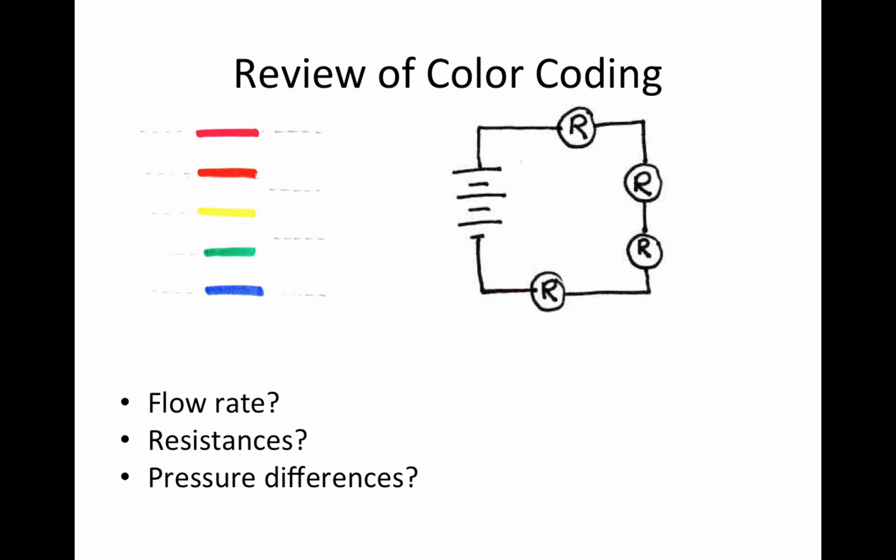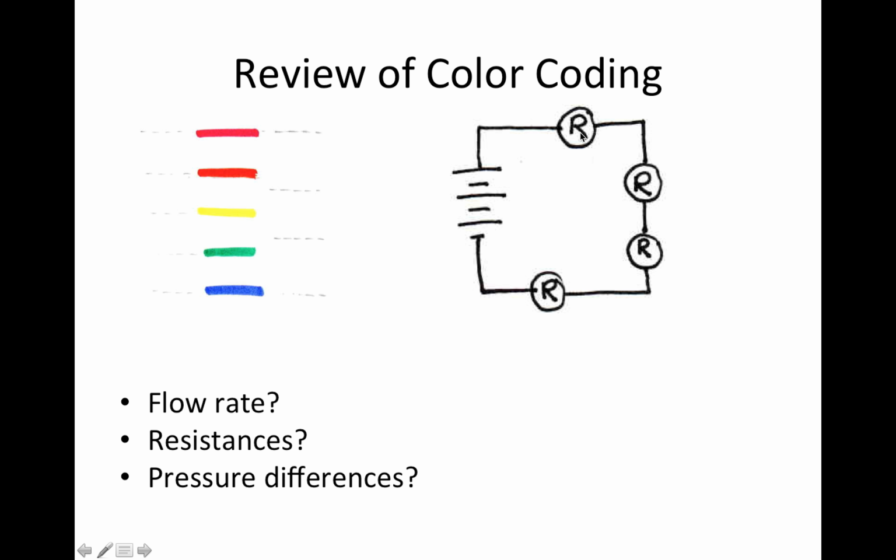So because the flow rates are the same and the resistances are the same, we can conclude that there must be the same amount of push through each of these. If you had a different amount of push through two objects that had the same resistance, then you would have different flow rates. But if you have the same push through objects with the same resistance, then you get the same flow rate.